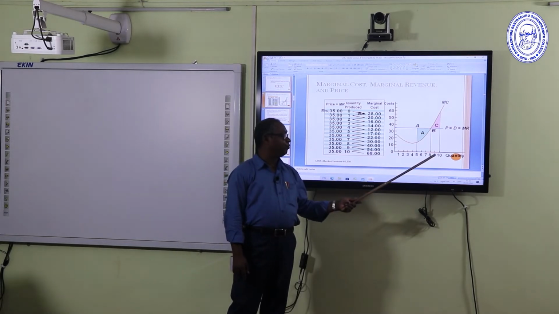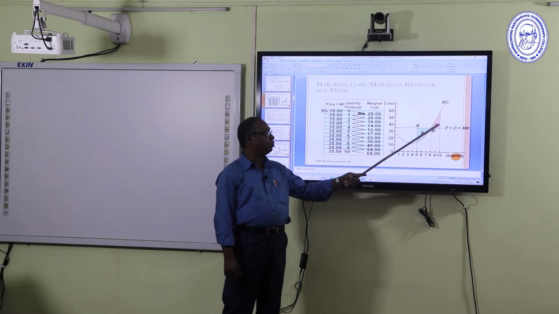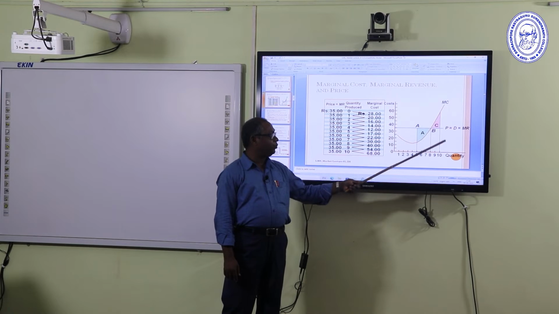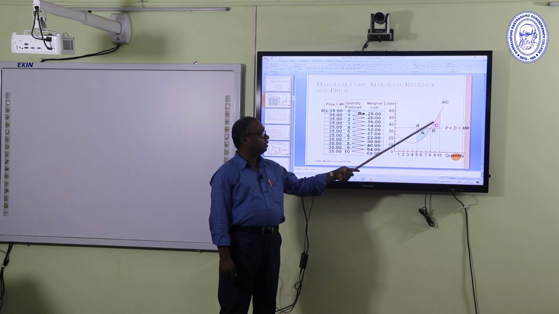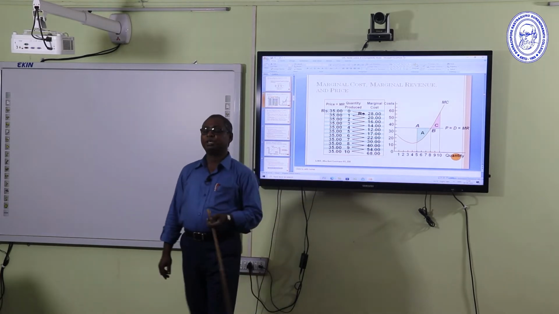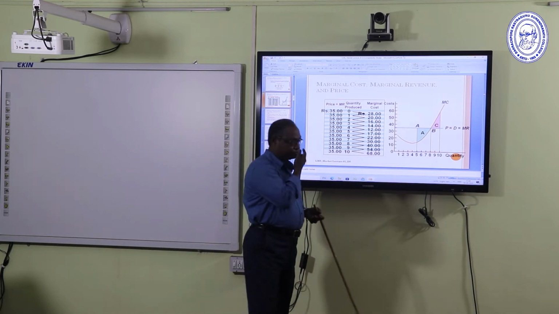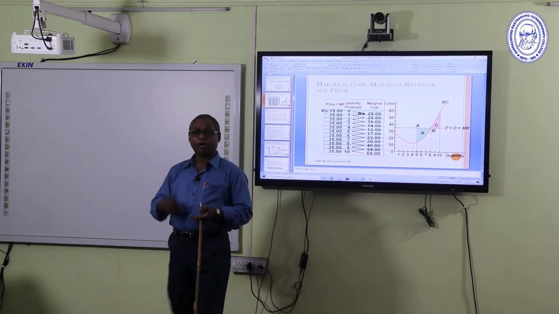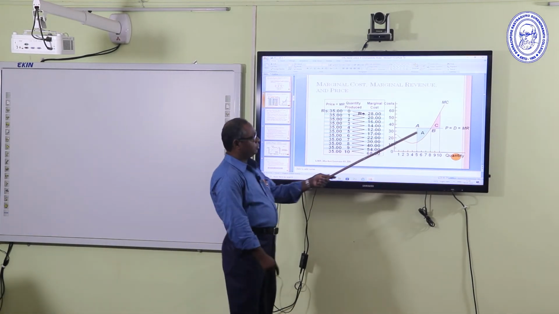Again, if we move from 10 to 8, then MC is greater than MR. And if we reduce output from 10 to 9 to 8, then the gap reduces, and ultimately the equilibrium condition MR equals MC holds at B. So it's a unique equilibrium where MR and MC cross each other at a single point.